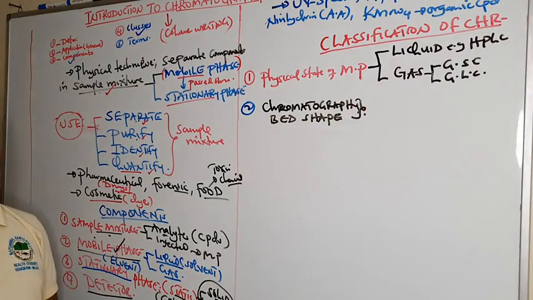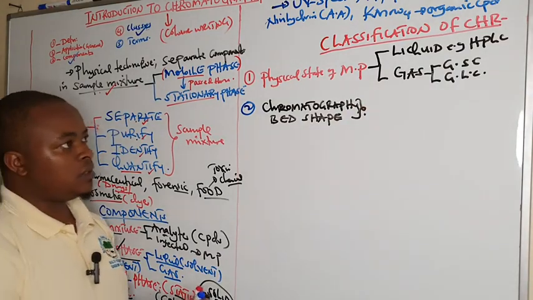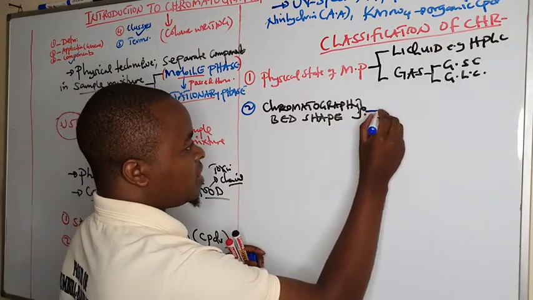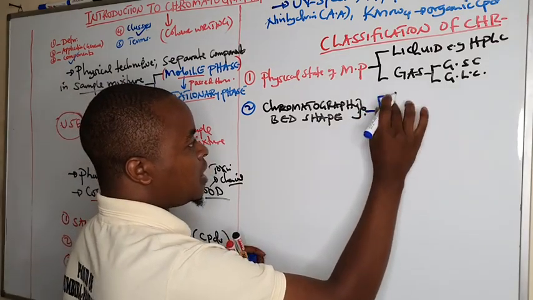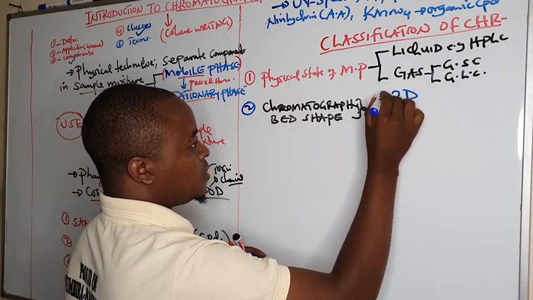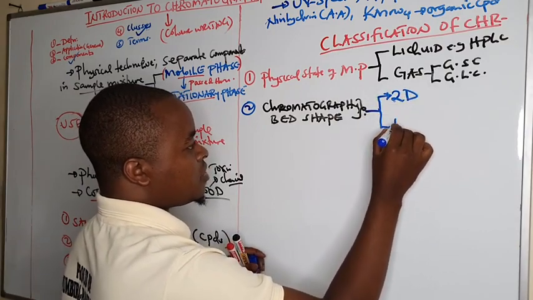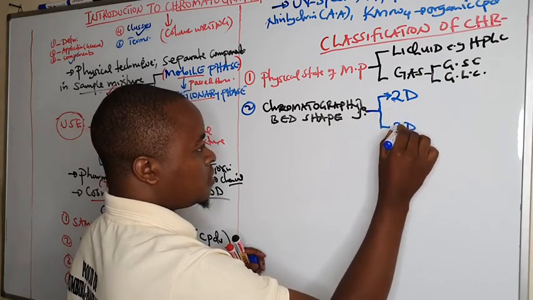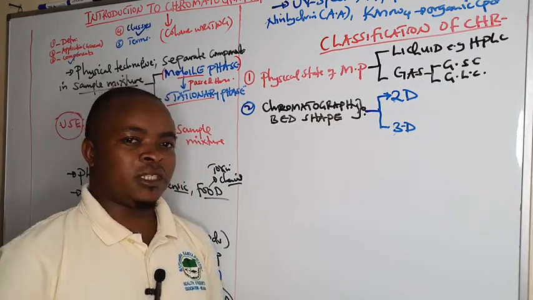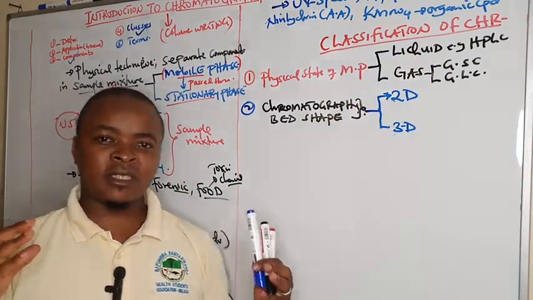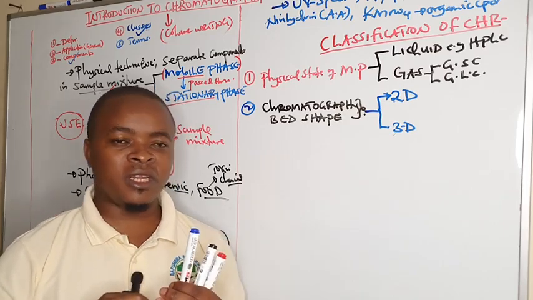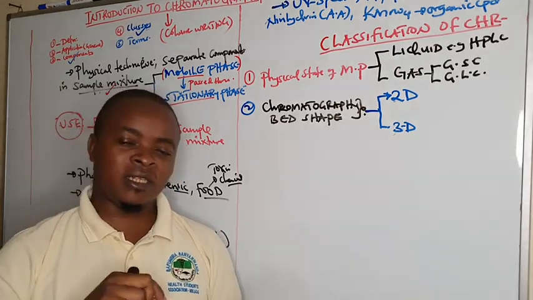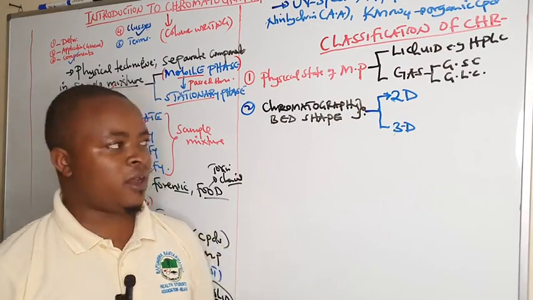So under this, they can either be 2-dimension or they can be in 3-dimension. 2D is a substance which has only length and width, whereas 3D has length, width, and height.